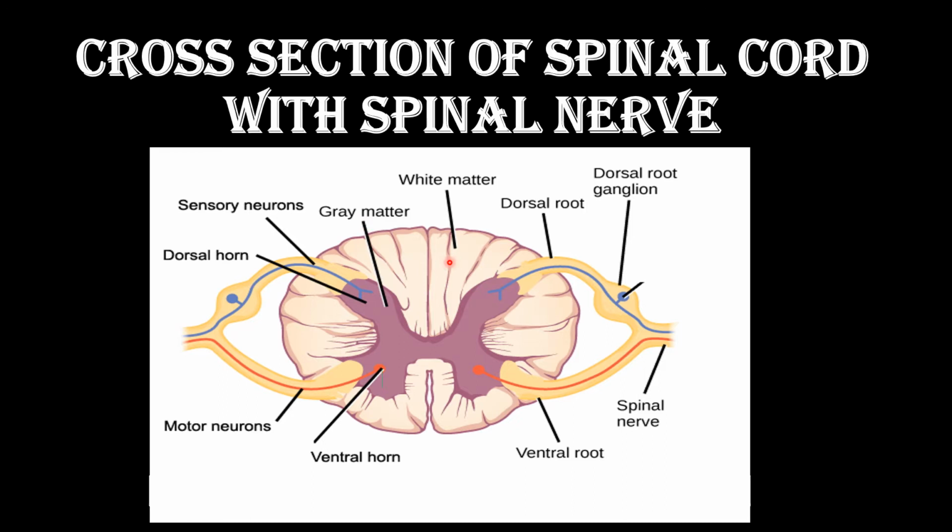Gray matter, white matter, dorsal root, dorsal ganglion, then spinal nerve, ventral root, ventral horn, motor neurons, then here dorsal horn, sensory neuron. These are the important labelings you have to know in CS of spinal cord with spinal nerve.